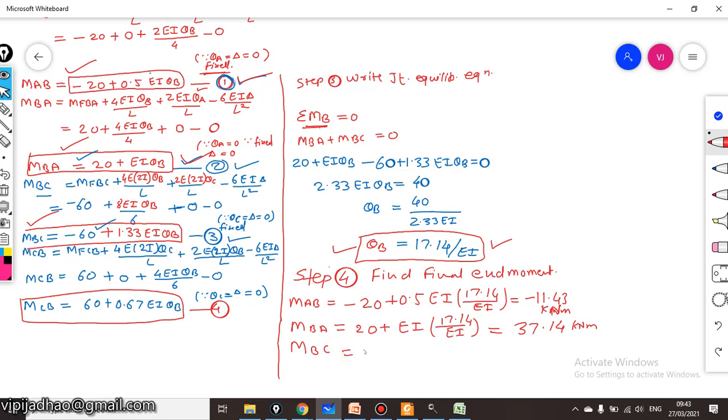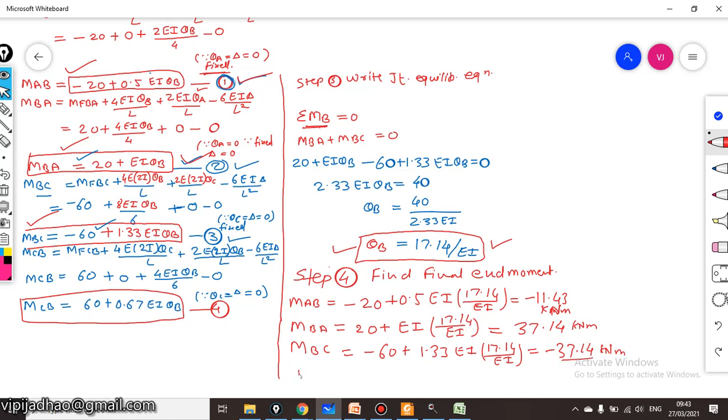Similarly, put the value of theta b in MBC, that is equation number 3. So we get MBC equal to minus 60 plus 1.33 EI multiplied by 17.14 divided by EI, which equals minus 37.14 kilonewton meter.